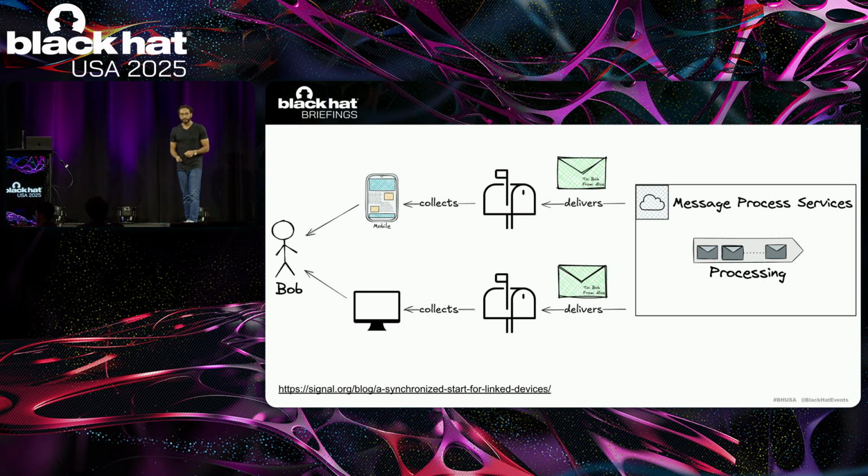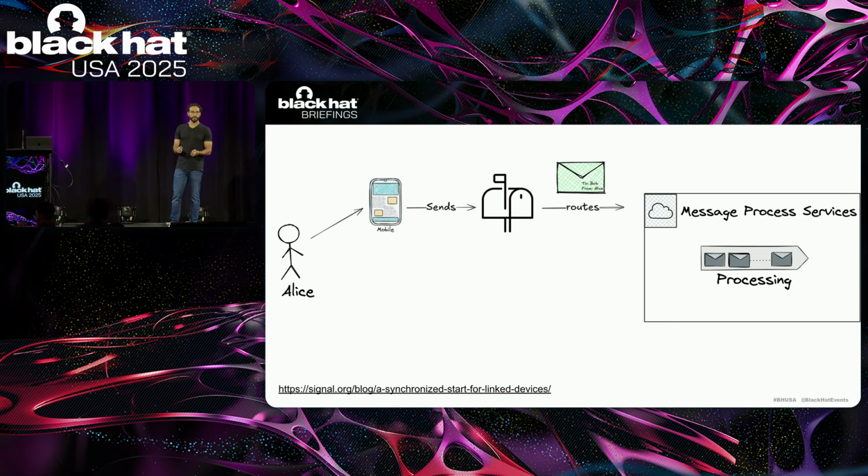Okay, but on Alice's side, it's a little bit more complex, because Alice has sent a message from one device, and the other device doesn't know anything about this message. So the other device is not in the same state as this device. The way that Signal solves this is that there is an invisible conversation between these two devices.